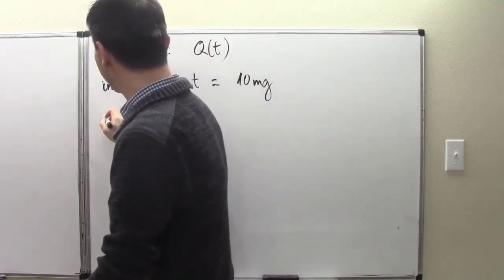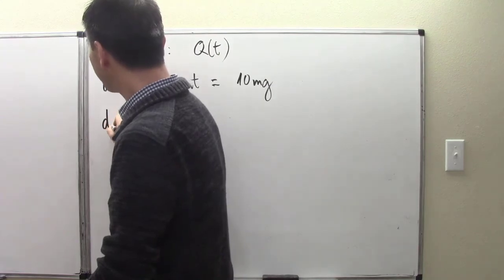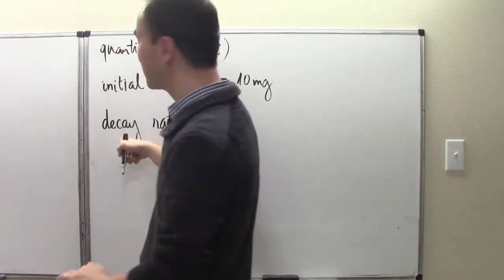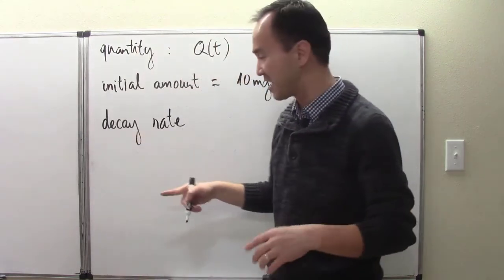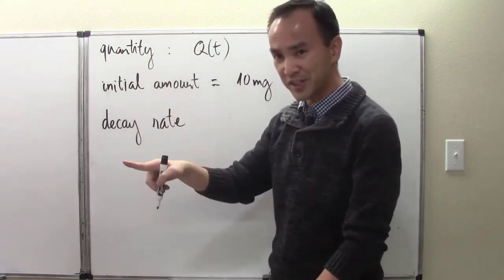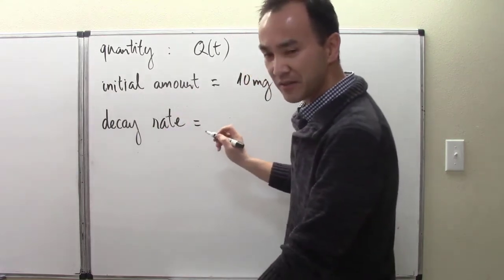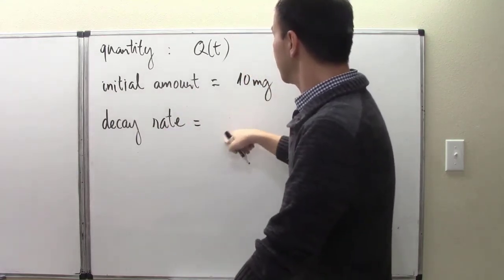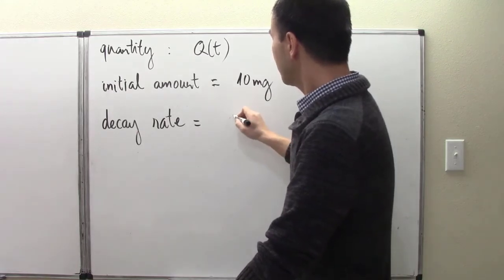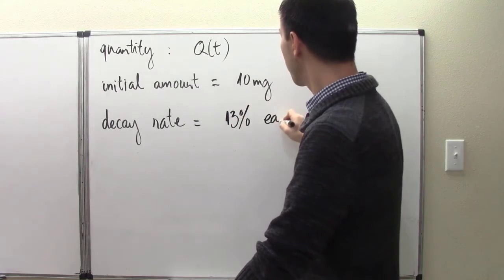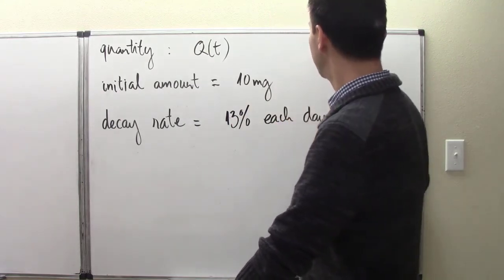Now allow me to use this term right here, and this may be the first time somebody is hearing that term. It's a decay. So the rate given earlier in the problem is a decay rate, and the decay rate given in the problem is 13% each day.